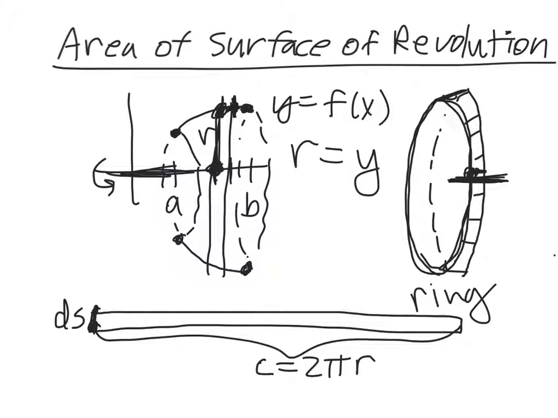Let's call it y for now. But in terms of x, we would have to say y would equal the function, maybe square root of x, maybe x squared plus 1, whatever function we're dealing with. But technically, the radius will be the y value at that particular slice.